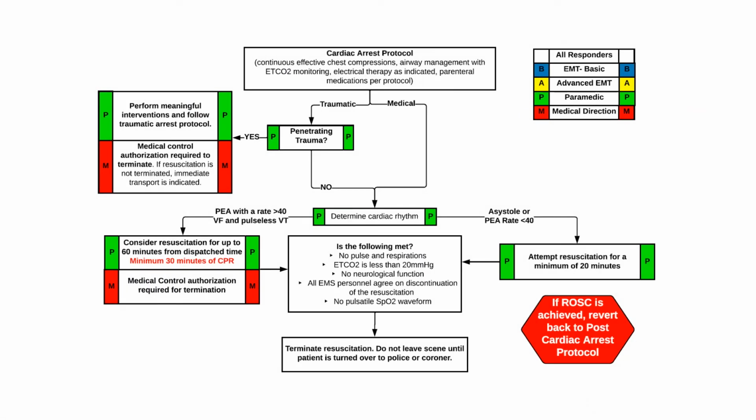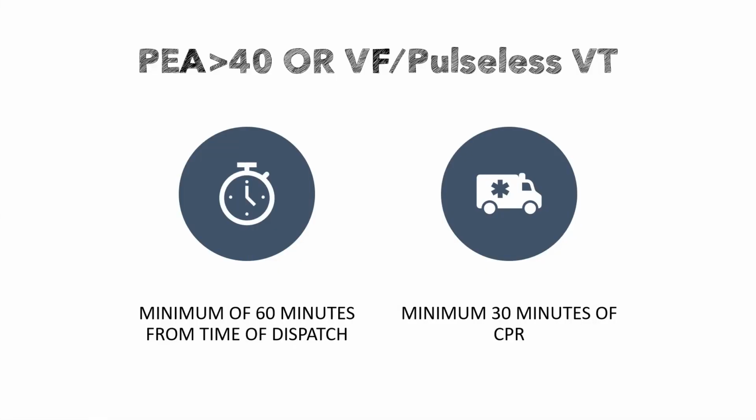PEA with a rate greater than 40, or VFib and pulseless VTAC. We resuscitate them for a minimum, not of 20 minutes, but of 60 minutes from the time it is dispatched. So if you are deep into the resuscitation and it's clear that this patient is not going to survive, you can get the time that it was dispatched. In addition to that, you also have to have a minimum of 30 minutes of CPR.